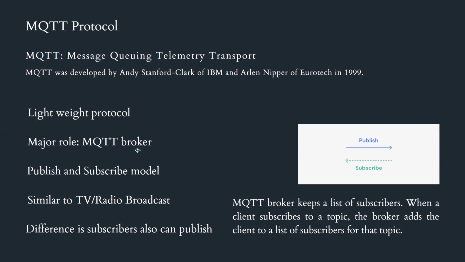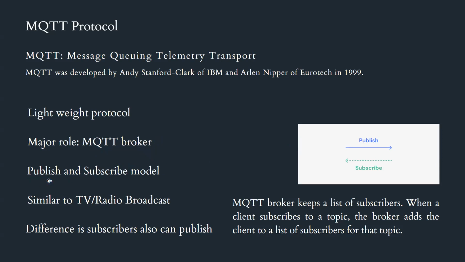It computes the data that it receives from a certain set of devices, and then it uses that data and sends it to certain devices that have requested that data from the server, the MQTT broker. So we will learn about this in a little while.